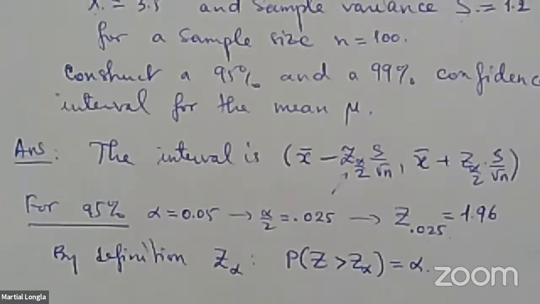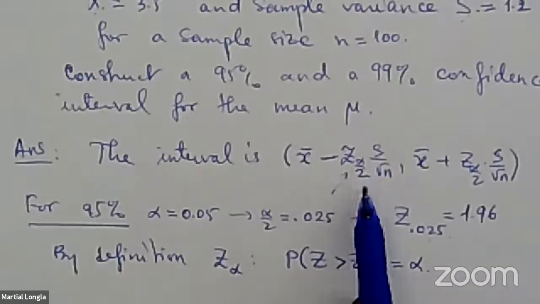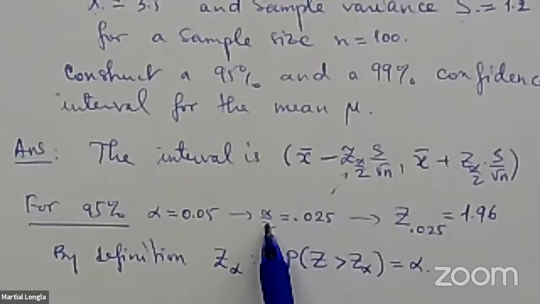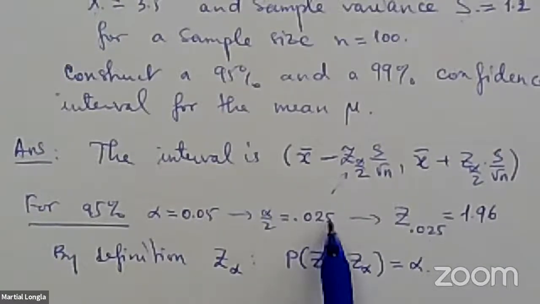And then from there, to put it in the formula, you know that you need to divide alpha by 2. So that's 0.025. And you go to your table using this formula to find a number such that the probability that Z is larger than that number is equal to alpha.